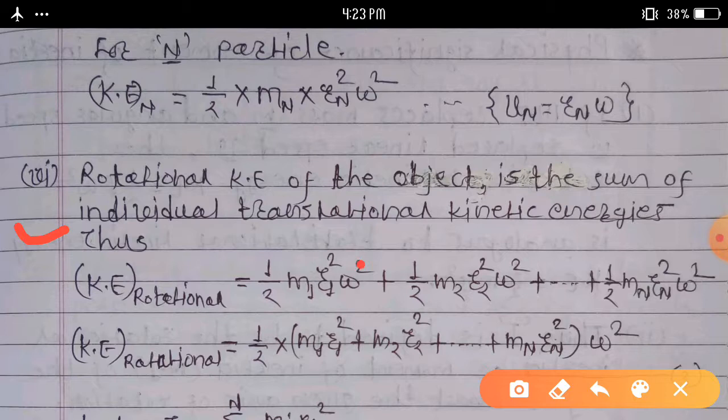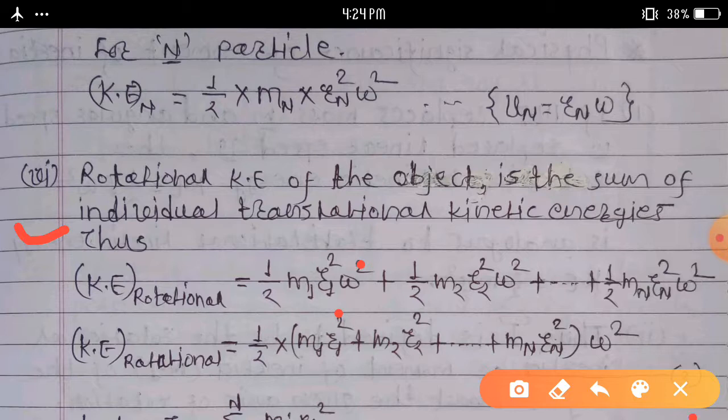Thus the rotational kinetic energy becomes 1/2 m1 r1 squared omega squared plus 1/2 m2 r2 squared omega squared plus up to plus 1/2 m_n r_n squared omega squared.